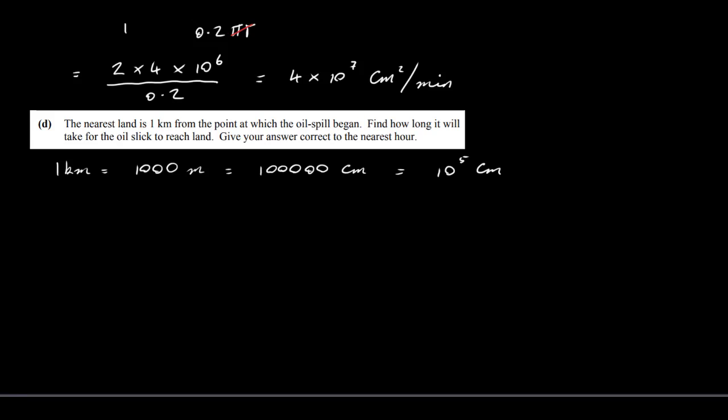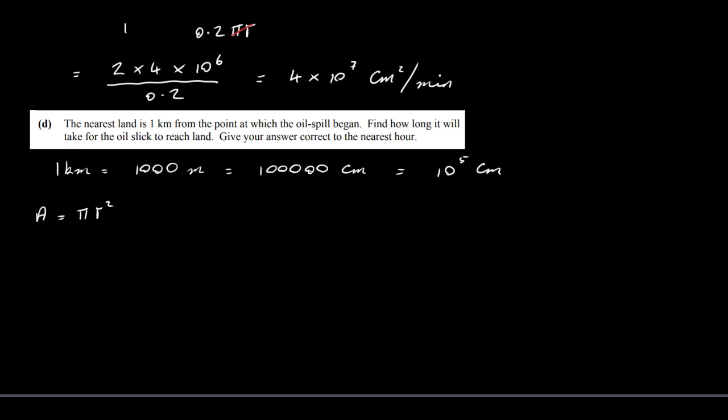So we know that the area of a circle is pi r squared. Now we want our radius. When our circle reaches land, the radius will be 10 to the power of 5 centimeters.